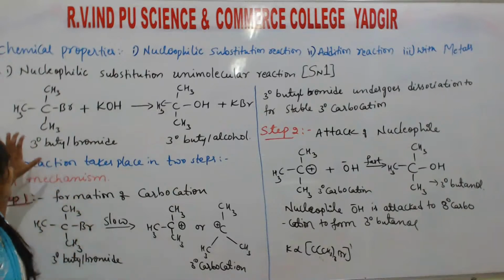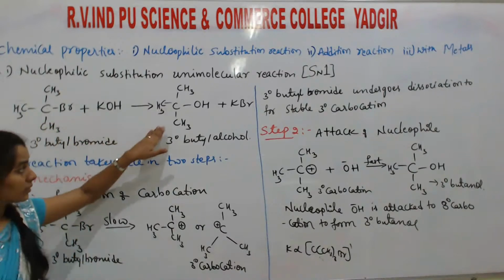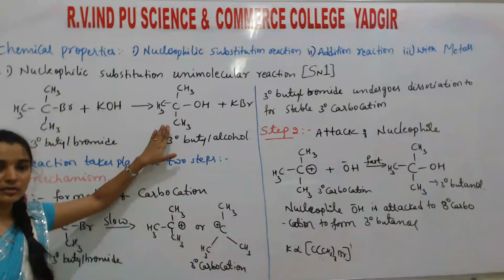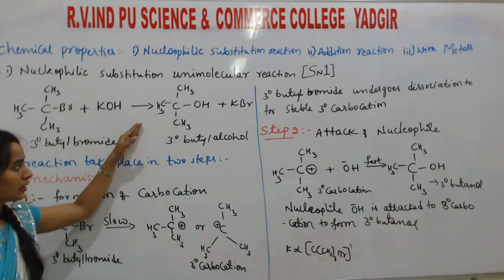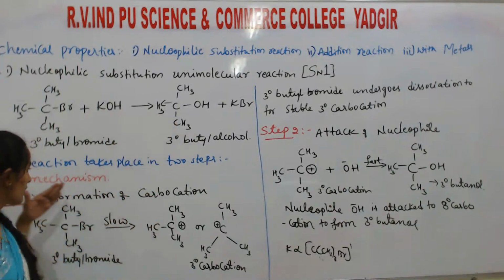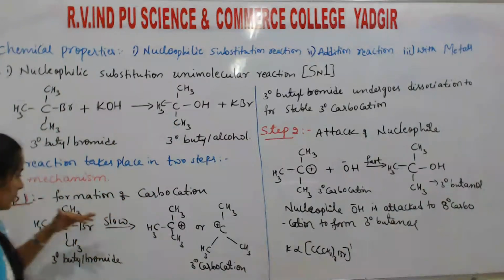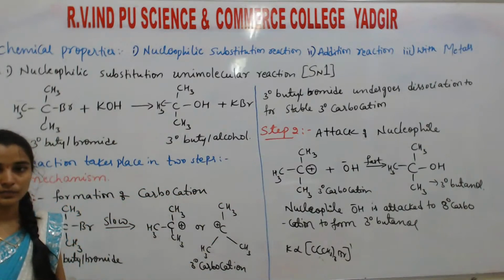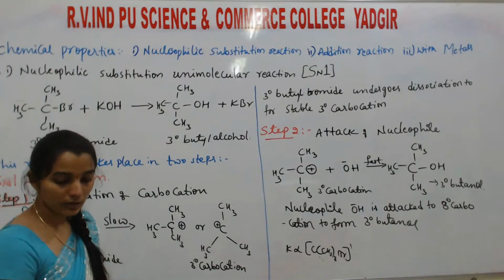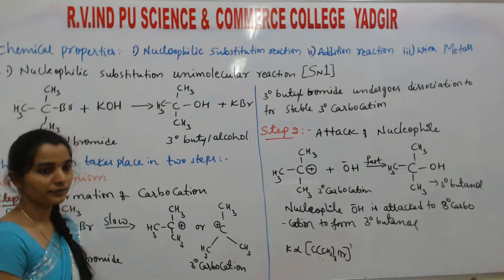Understand? So this is the balanced reaction, as if it happens in a single step. Actually this reaction takes place in two steps, that is called the SN1 mechanism. Step 1 is this, step 2 is this. I hope you understand. If you write this, you will get 3 marks.